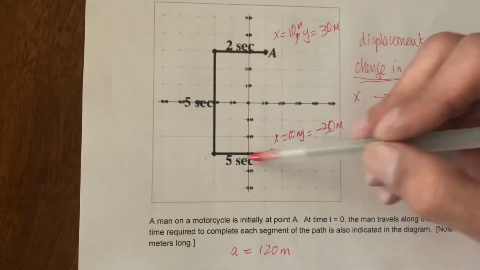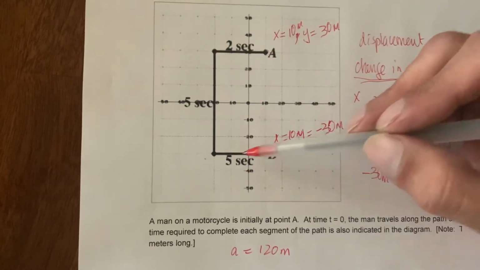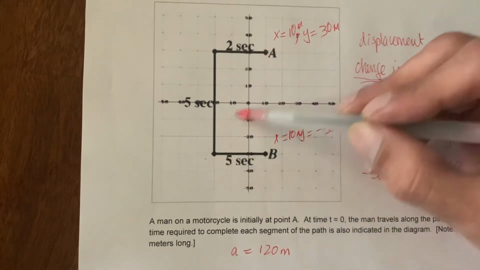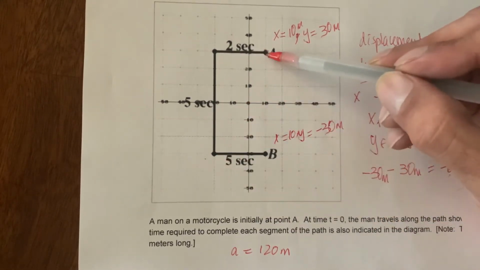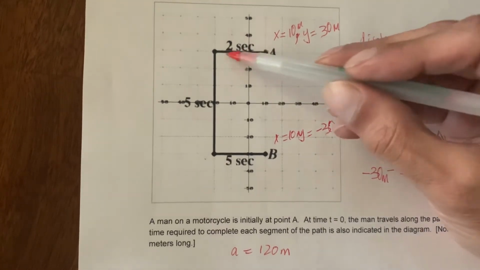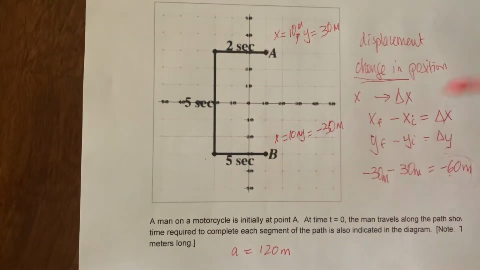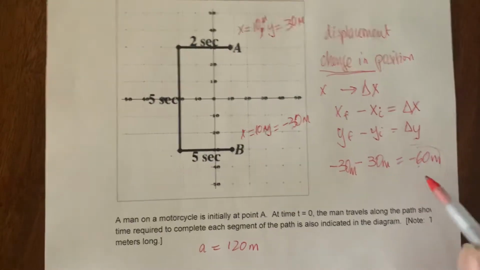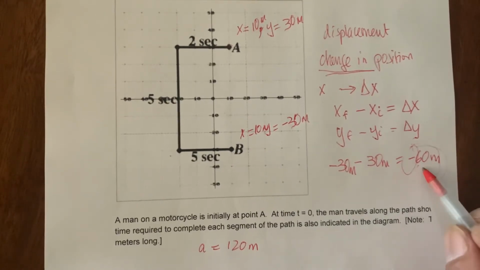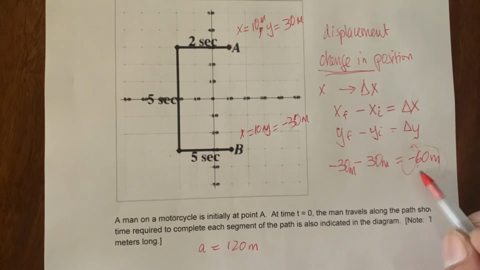The x doesn't matter because we come back to the same x. Now, if the x had been over here and we ended up here, you would have this as your displacement, and you'd be using the Pythagorean theorem to figure it out. But this was a simple question. The x value didn't change, it was just the y value. So your displacement should be written as negative 60 meters, where the negative is simply showing the direction. So you are negative 60 meters from where you were in the y direction.